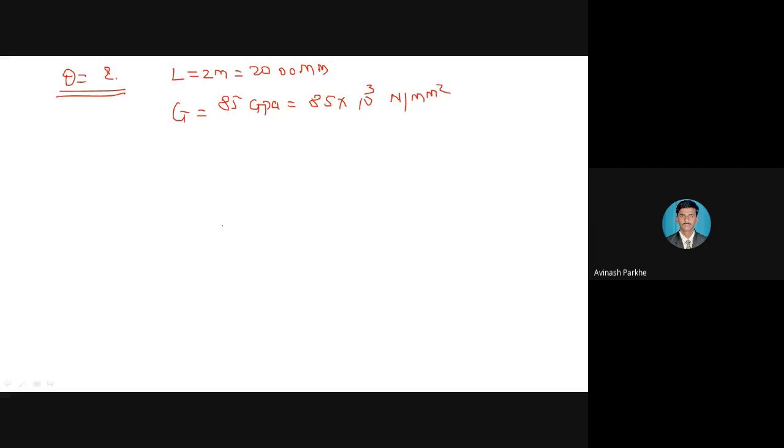So, which formula do I have to use for the theta calculation?